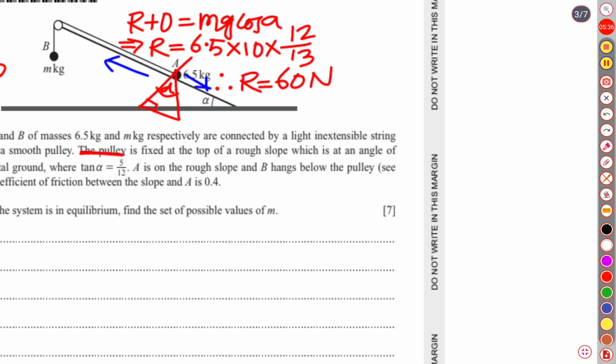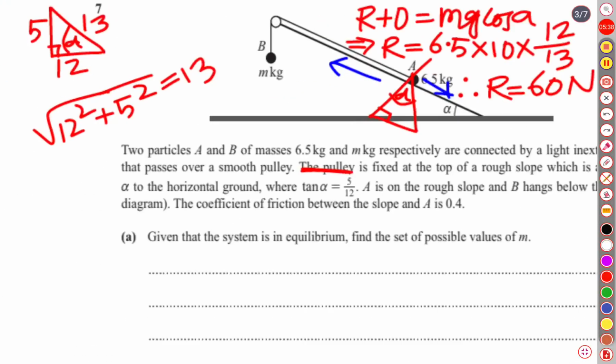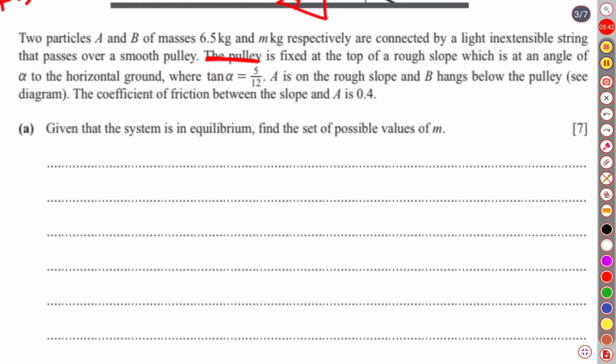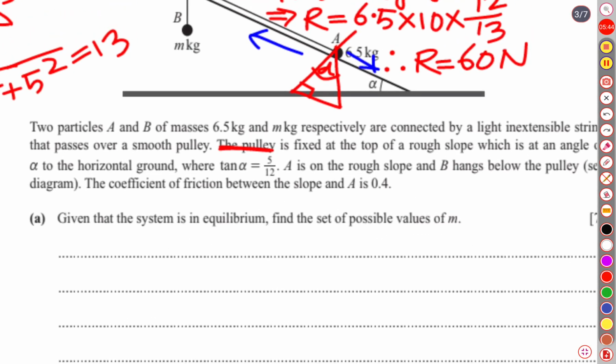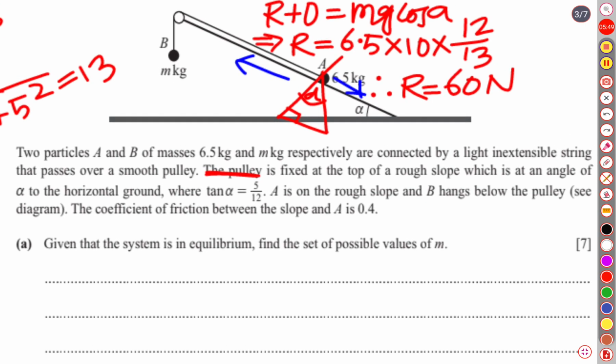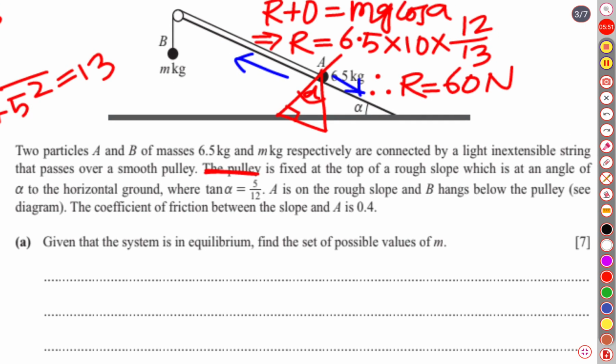When A is about to slide down. Already I have explained that whenever a system is held in equilibrium, there are two cases. One is the particle is about to slide down, or the particle is about to slide up or move up. We are considering A, and let us discuss B later on.